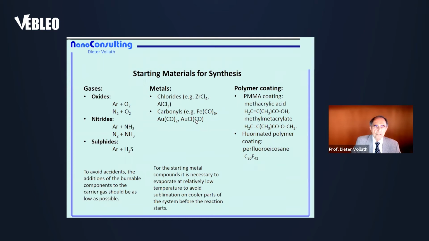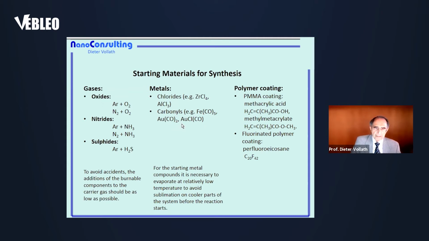In case we don't have chlorides at hand, we can also use carbonyls, for example, iron carbonyl. For iron, also the chloride is possible. However, for gold, we don't have a useful chloride, and therefore we have to use the carbonyl or the carbonyl chloride.